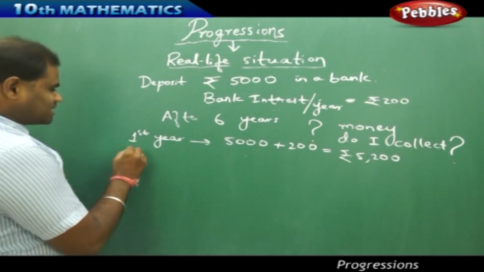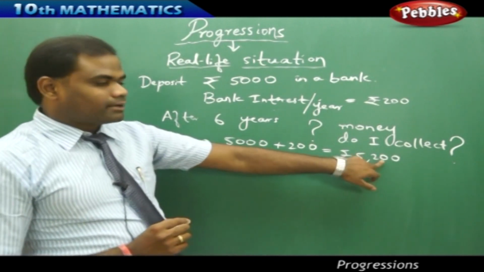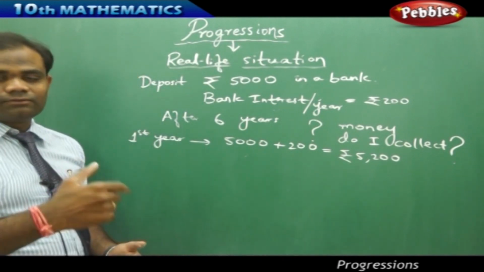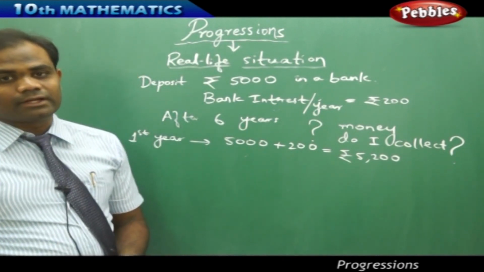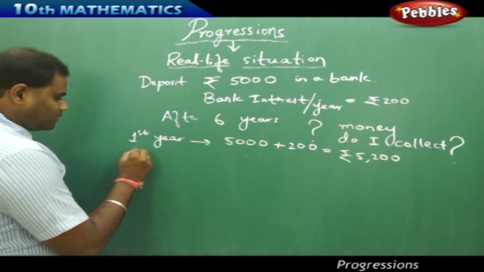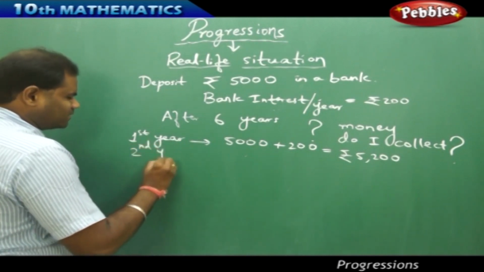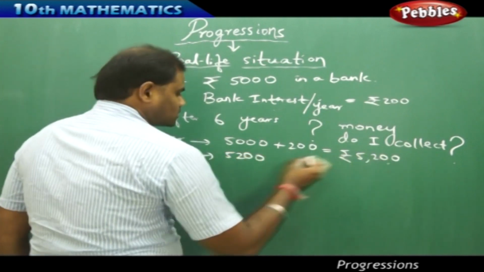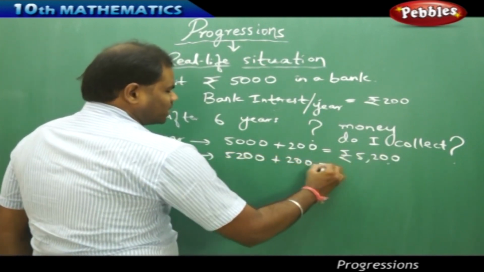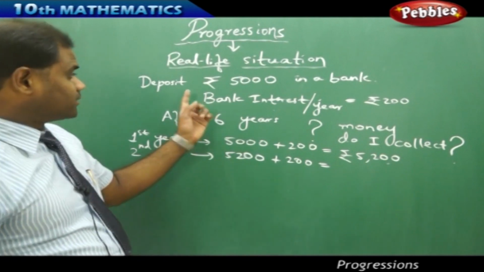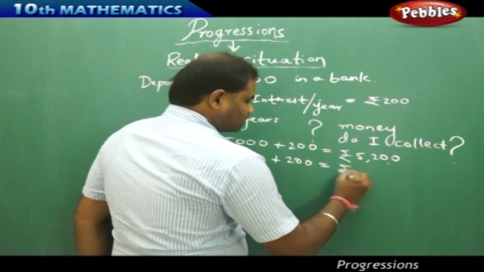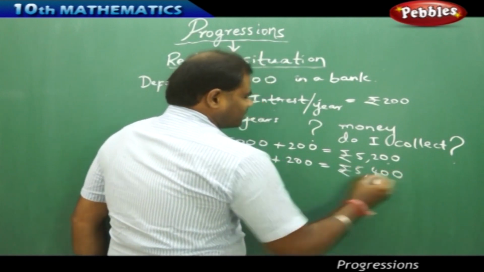And therefore, my second year will have another 200 added to this, so I get 5,400, then 5,600, 5,800, so on and so forth. Therefore, let's start with the second year, where this amount is added with 200 because the bank gives an interest of 200 rupees per annum. So this gives me rupees 5,400.